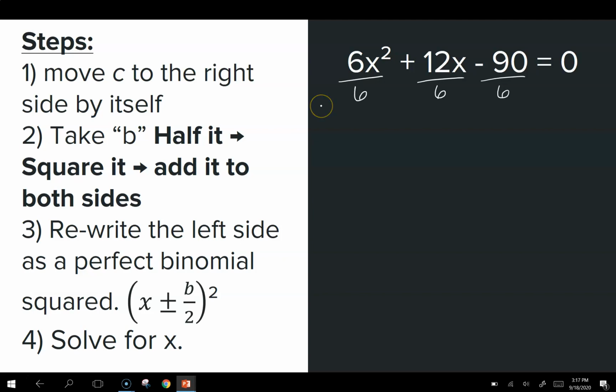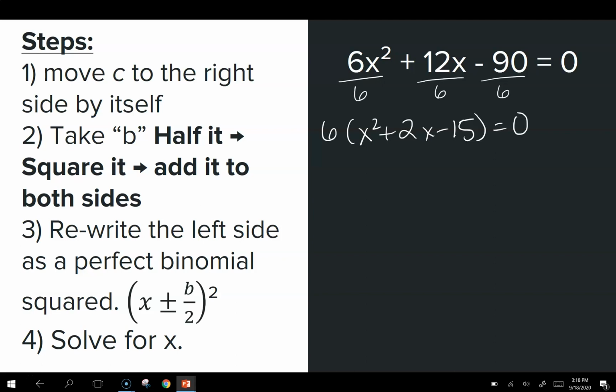So here I can divide each piece by 6. So we have x squared plus 2x minus, oh, what is that? 90 divided by 6 is 15. Okay, now we can complete the square. When you do complete the square, leave 6 out of it, okay? We don't need it.